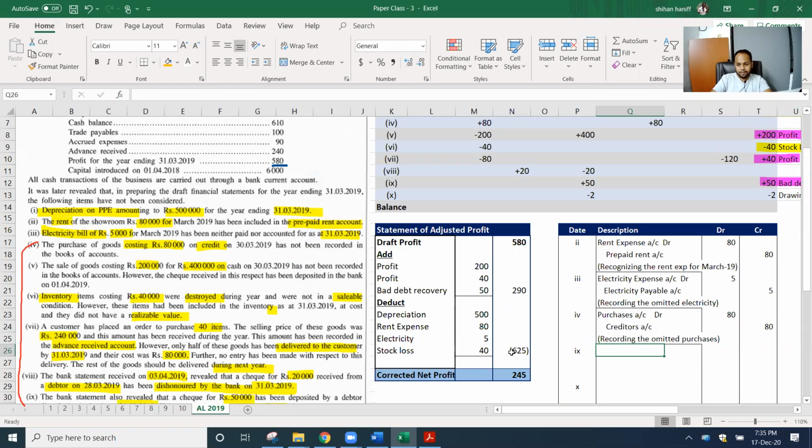Recovery of bad debt. Bad debt or income statement credit. Bank account debit. It's recovery of bad debt.